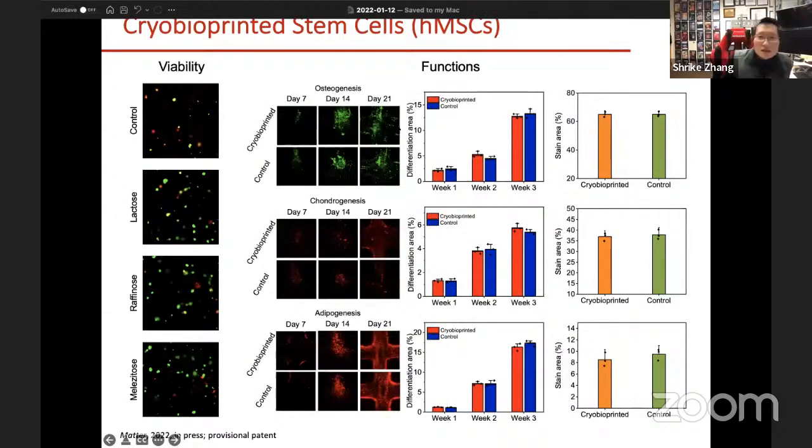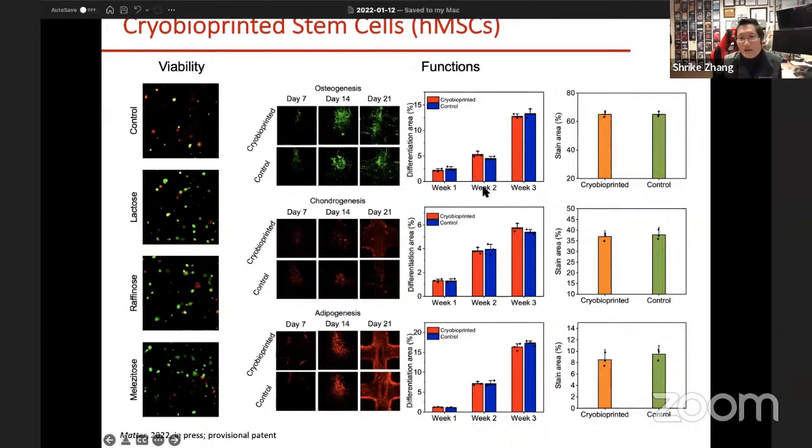So then we further looked at the differentiation, right? Viability may say something, but may not indicate everything the cells are experiencing. So we did further functionality assays on these MSCs. Basically, we cryo bioprinted MSCs and stored them for some time, and then revived them for subsequent culture and differentiation into different lineages: osteogenesis, chondrogenesis, and also adipogenesis.